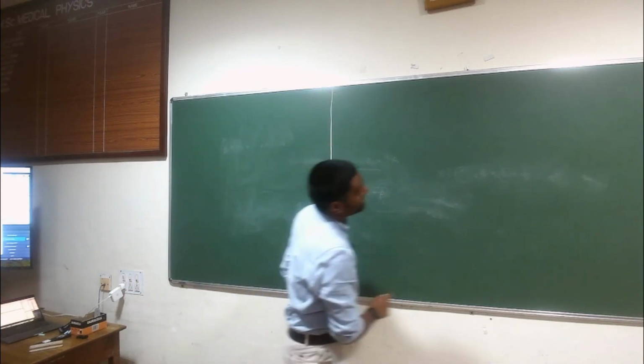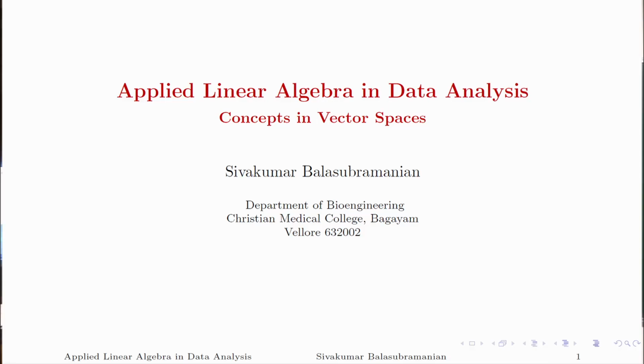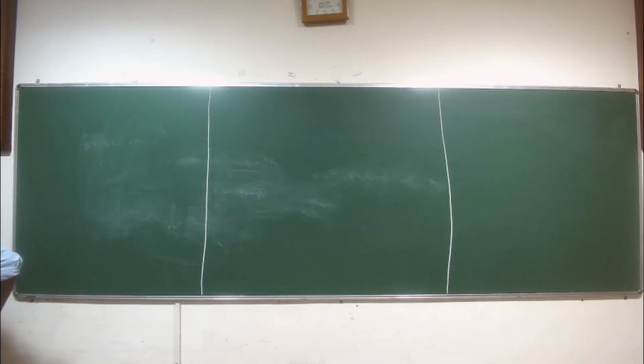The first topic we will start with is on vector spaces. If something is not clear, just stop me, and I'm happy to explain things. The first two lectures, as I said, talk about this concept of a vector space.